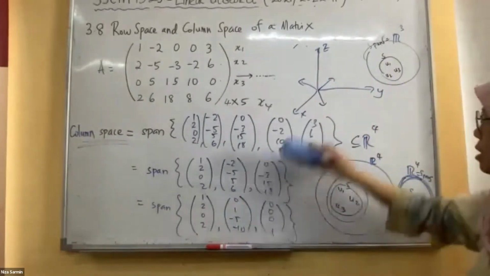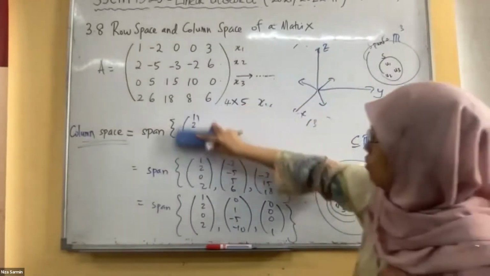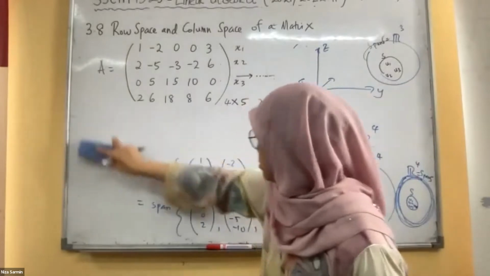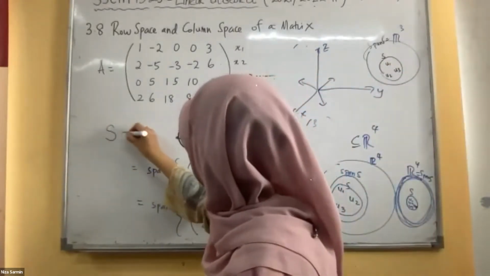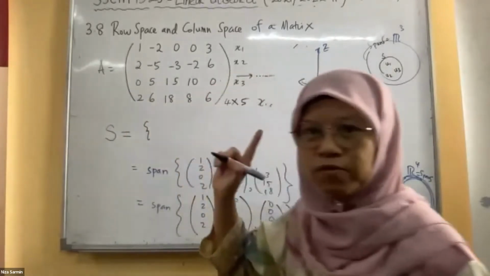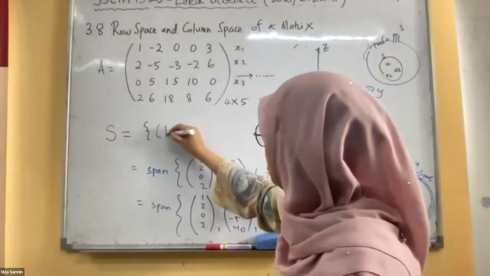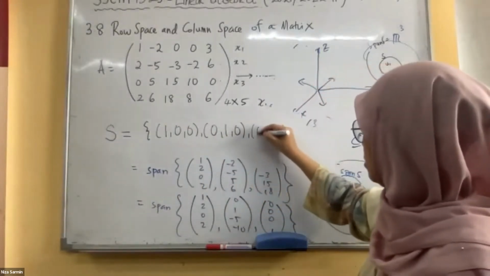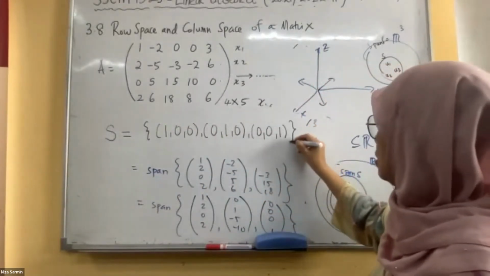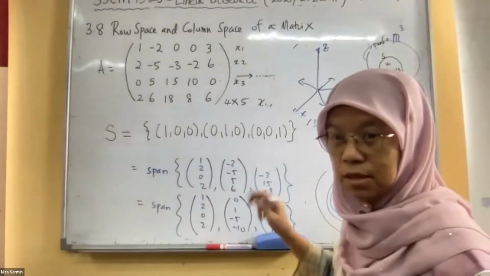Now, what if you have only 2? Say S is, okay, the first one S, call it maybe this. This is our standard basis.